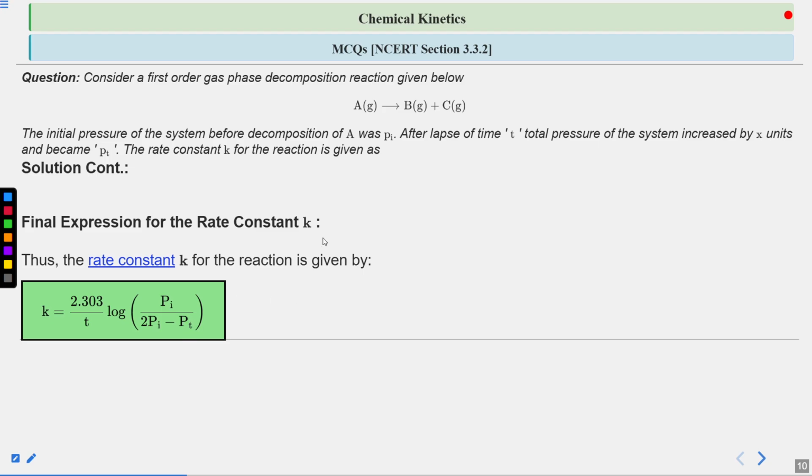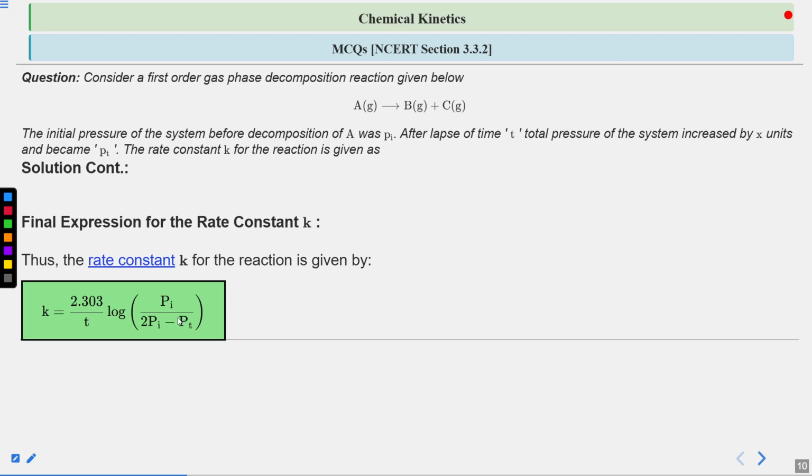Yes, our reactant and products are in the gaseous phase. That's why we are using this rate law expression in the form of pressures. Remember, wherever we have the gaseous phase of the reactant or the product, instead of concentration we use the pressures of the gases.